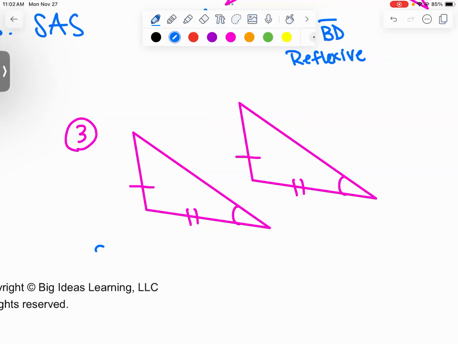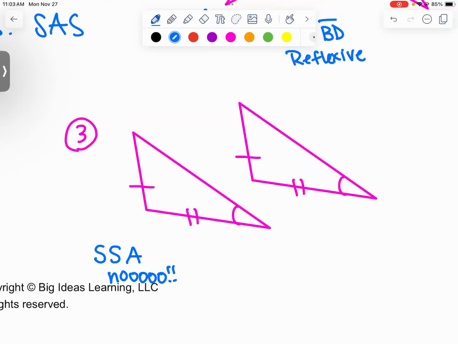Oh, instead we have side angle. Go ahead and read that backwards. Yeah, not allowed. That's not going to happen in this classroom. ASS is not only a bad word, but it is a bad attempt of trying to prove triangles congruent. This is not okay.